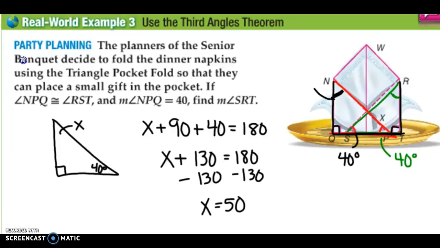So this angle right here, angle QNP, is going to be 50. And by the third angle theorem, that angle SRT is going to have to also be 50. So my answer is 50 degrees.